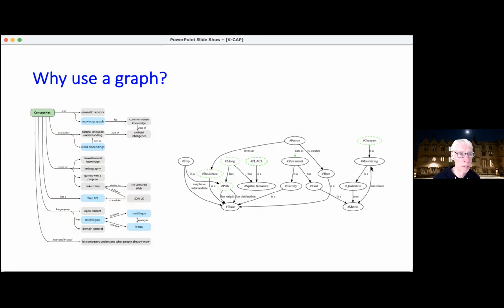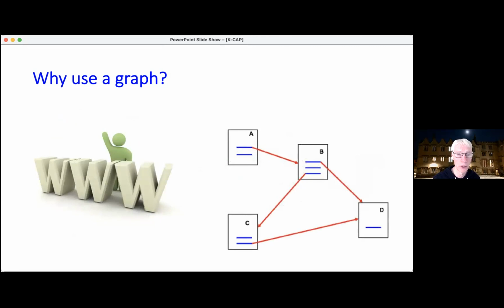If we come forward a bit further in time, it's interesting to look at the World Wide Web and think that in a certain sense, I can see that as some form of graphical representation, where I have these pages scattered about and they're linked by URI links that could be seen as edges in the graph.